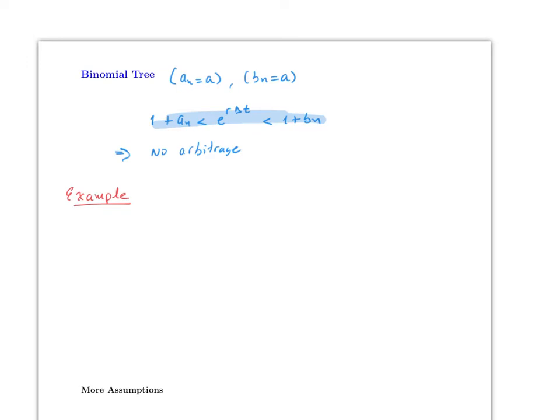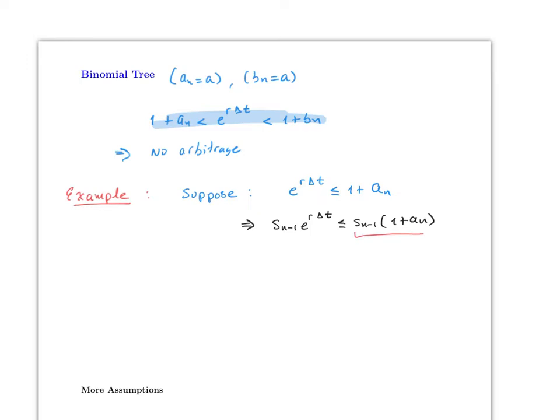All right, so let's see why, if this is not satisfied, you can make money for free. Suppose then the first part of the inequality doesn't hold. That is, suppose that e to the r delta t is less than or equal to 1 plus a_n. So that implies, if you multiply both sides by S_{n-1}, that this will be less than or equal to S_{n-1} times (1 plus a_n).